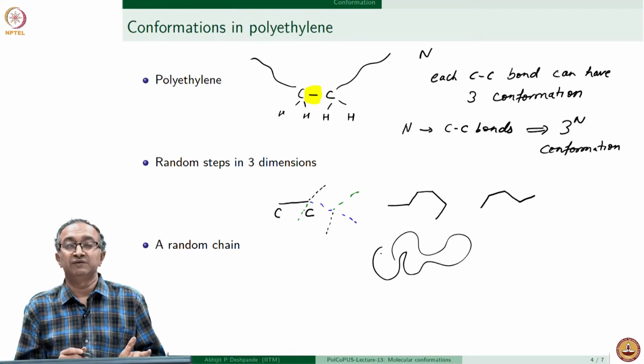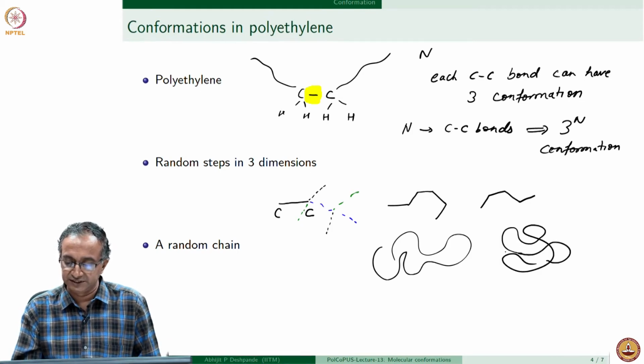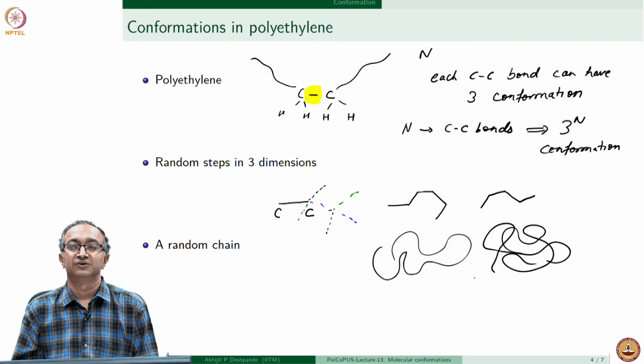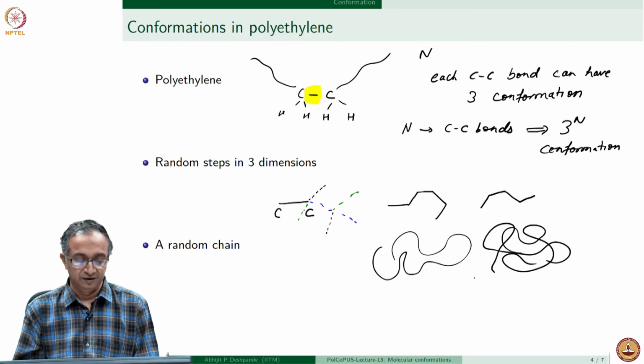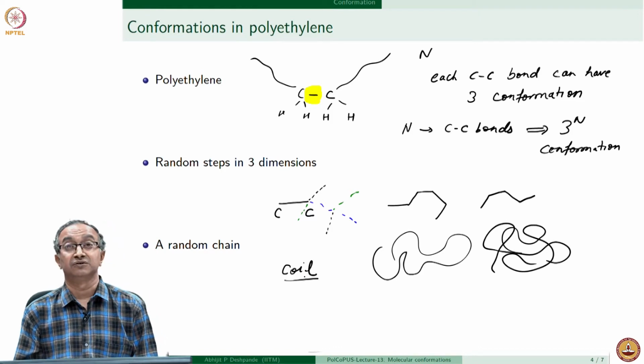At the same time, when we look at one instant of time and another instant of time, then polymer chain changes its conformation. So that's why it's called a random chain. We also will use the word coil to describe this kind of a macromolecular system.